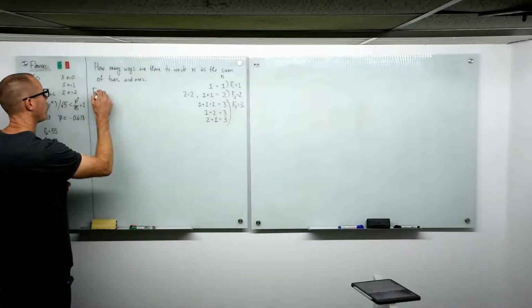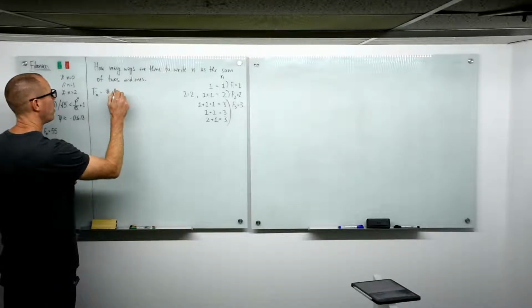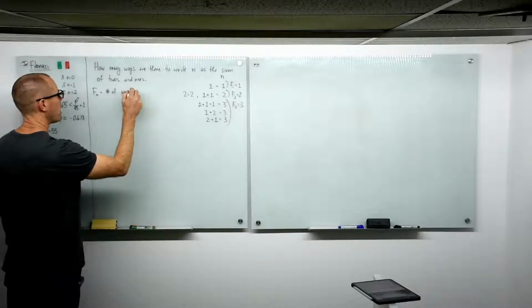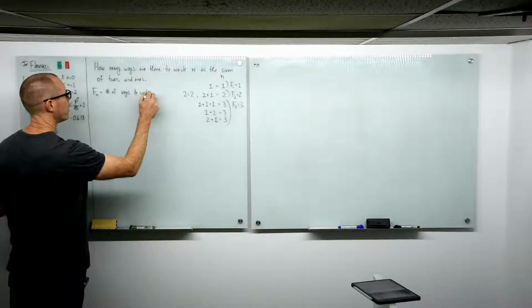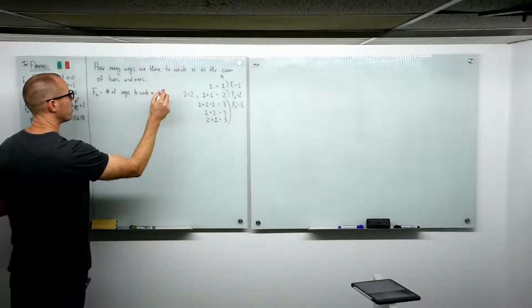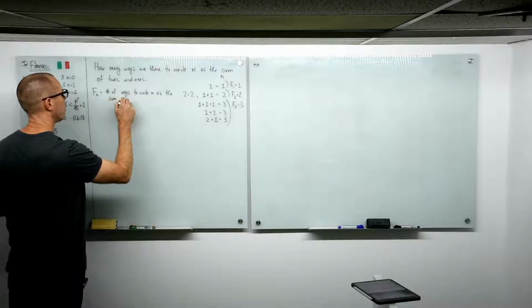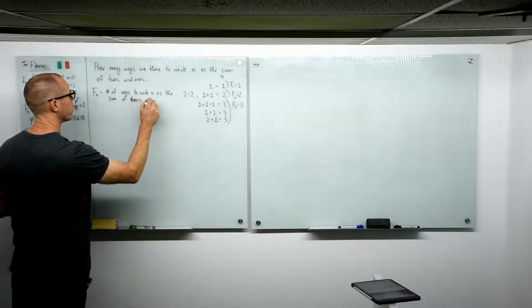Okay? So we'll define f of n to be the number of, exactly what I wrote up here, the number of ways to write n as the sum of 2s and 1s.